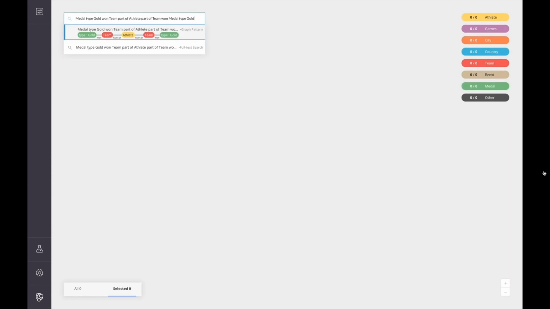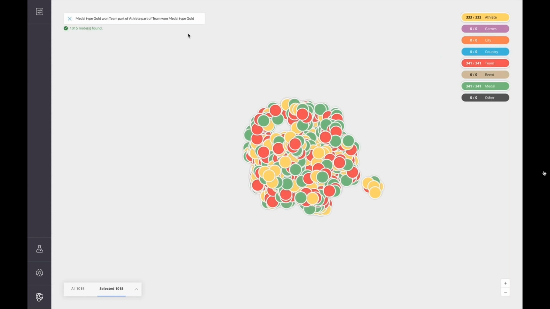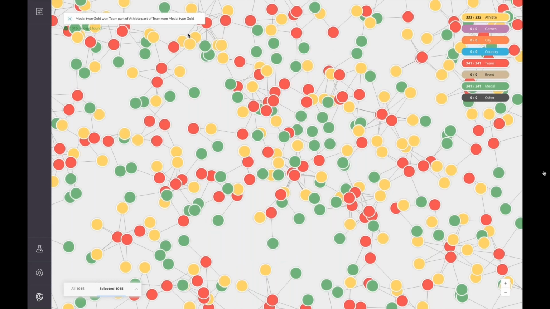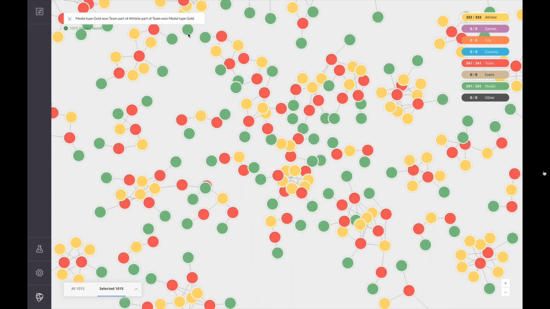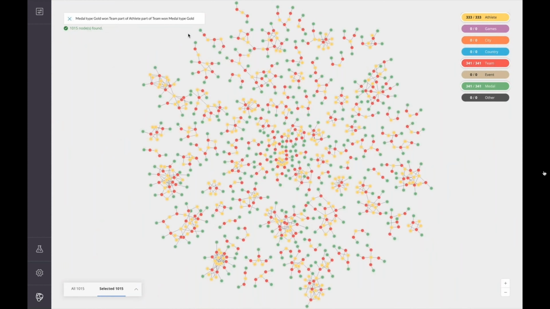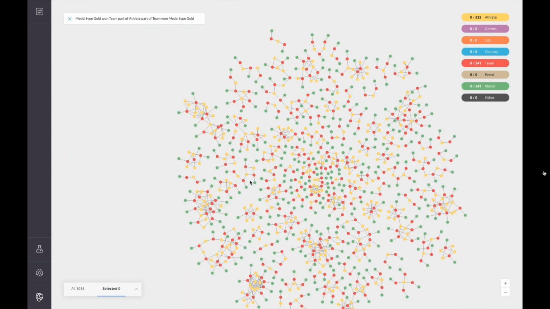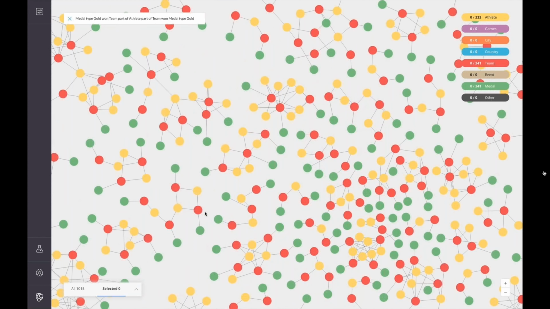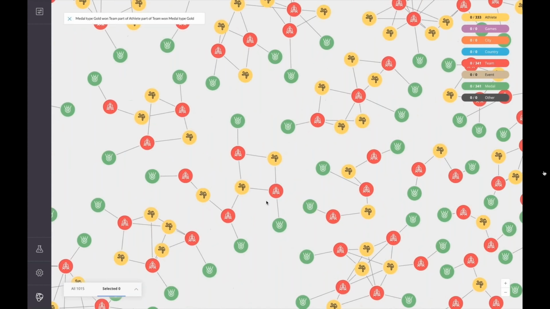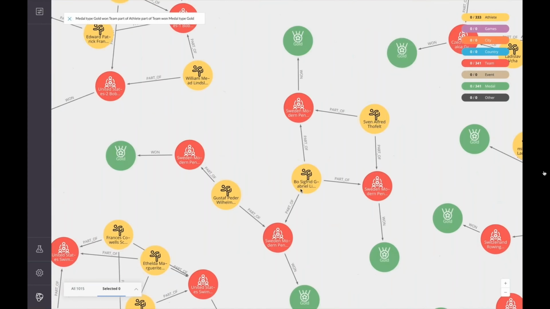So this particular Swedish team has essentially won multiple gold medals. And they probably were from different games. And so you can continue your analysis by focusing just on this group of nodes, dismiss all the other nodes, and then expand that network to see which games, in which cities, and then whatever other data that you may want to add to this data set to explore that in more detail.